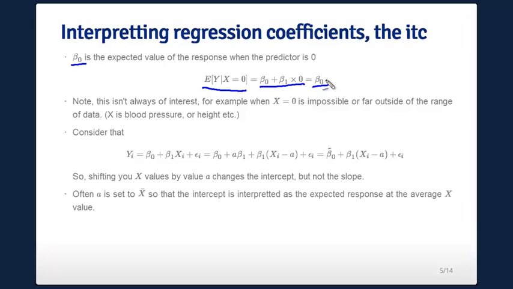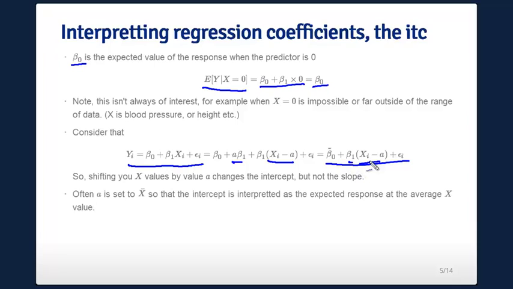So there's a trick so that you can get the intercept to be interpretable, but not tinker around with the slopes. Here's our model, y_i equals beta naught plus beta 1 x_i plus epsilon_i. Let's imagine if I shifted x_i by amount a, and then I subtracted a beta 1 a right there, and then I have to add a beta 1 a right there. Then I wind up with the same exact model, with beta 1 times the shifted x.